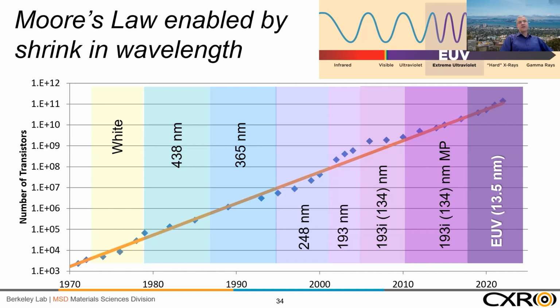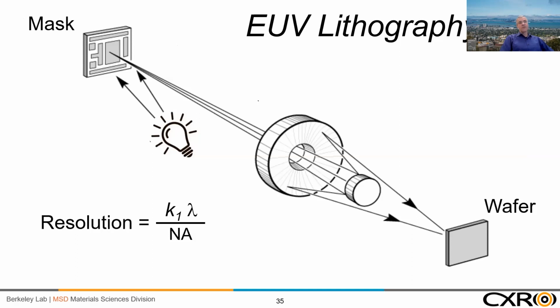So on the next slide, I'll give you just a quick overview of what EUV lithography is, and in fact, what any lithography is. You start with a light bulb, and in this case, it's going to be an EUV light bulb. We shine it on what we call a mask, which is the master of the circuit pattern that you are looking to replicate into a computer chip. And then you've got a lens or a mirror-based system that takes a picture of that master pattern, shrinks it down, and projects it onto a silicon wafer.